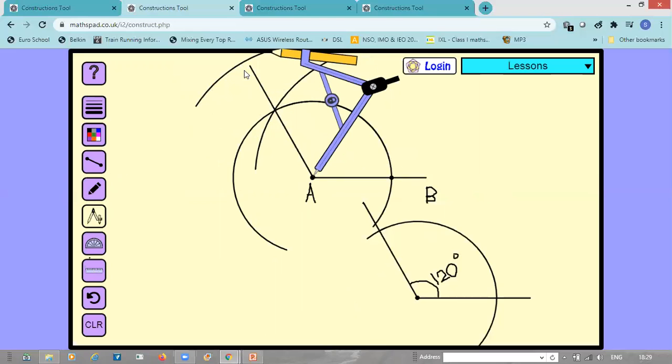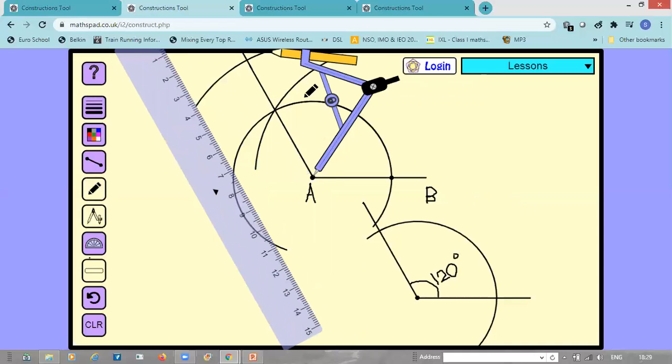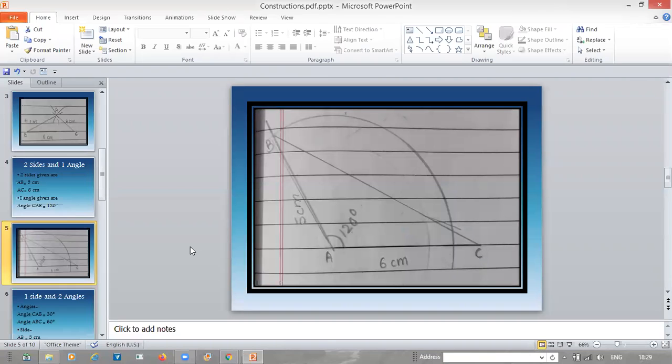So as you can see, my line wasn't long enough, so I will just extend my line here. Now as you can see, there's a point of intersection. Now connect this point of intersection to point B. And this is the final product.